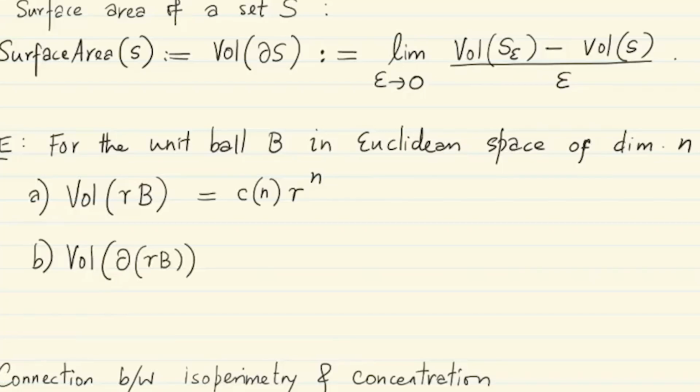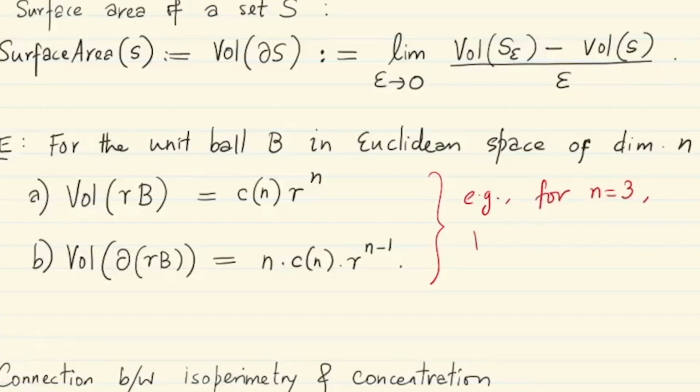So recall that when we say the volume of the boundary of rB, it's really an n minus 1 dimensional volume, which is the surface area. It's known, and this is equal to the derivative of the volume with respect to r. So this is n C_n r raised to n minus 1. Okay, and this reduces, for 3-dimensional space, to the usual high school formulae: the volume of a sphere of radius r in 3 dimensions is 4/3 pi r cubed.